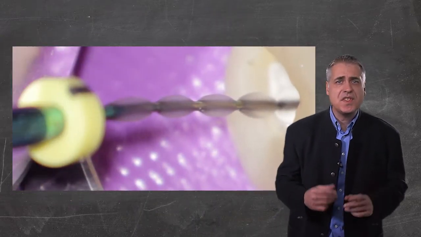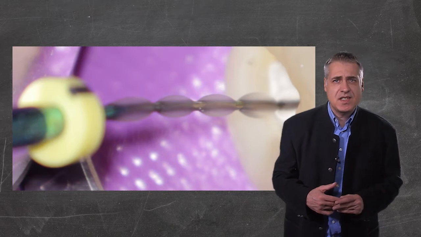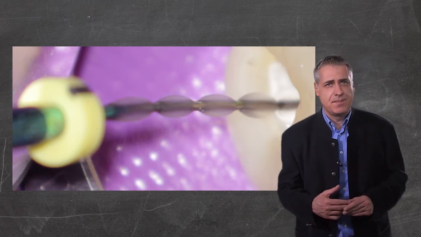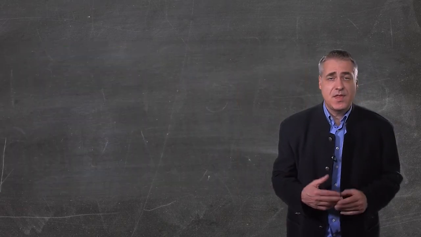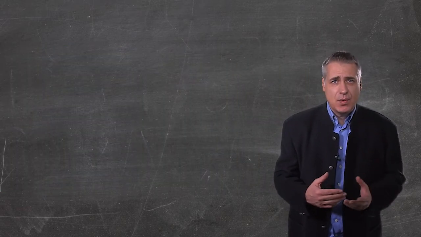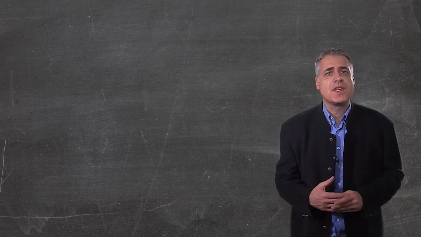What you can see in this picture are nodes and antinodes which appear along the instrument when it is activated with ultrasound energy. In this example, it is used with a piezoelectric device. In the following slides, I will show you different devices that work with different sources of ultrasound or even with sound.